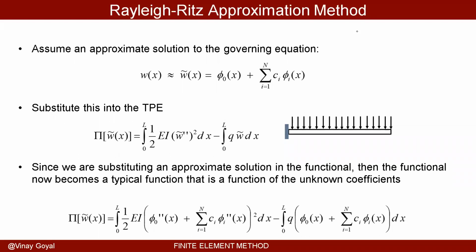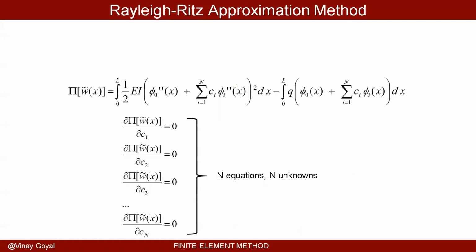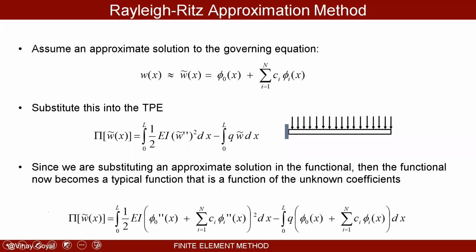So my idea here is I don't want to solve governing equations by pulling a book and finding the exact solution or going to mathematics and solving a solution. I want to find an approximate solution. So I'm going to select an approximation function just like I did for the weak form Galerkin. I'm going to take a W that's equal to phi naught plus a summation Ci times Phi.